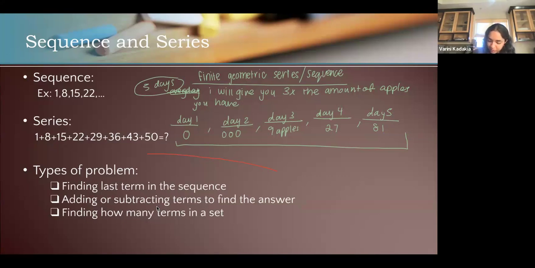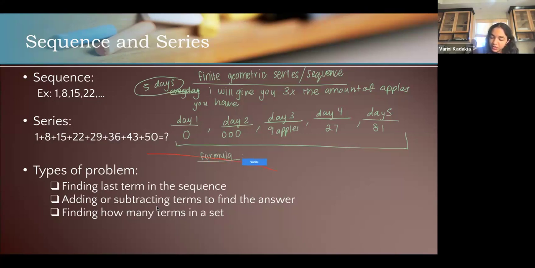So the equation for a finite geometric series, or like the sum for a finite geometric series, would be, okay, formula. Here's the formula.